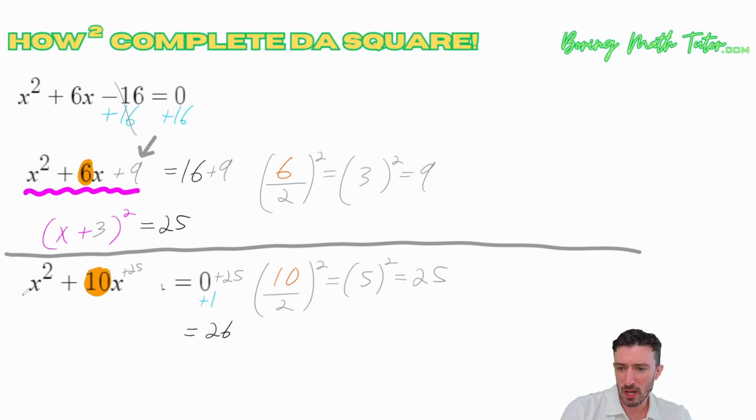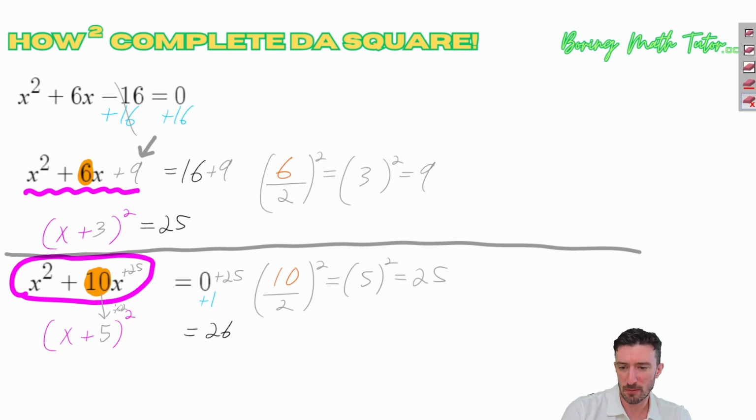And now we've got x squared plus 10x plus 25. That's going to be the same thing as x plus 5 squared. So always x plus whatever you got when you divided that number by 2, and then the square right above. All right, so the setup is now out of the way.